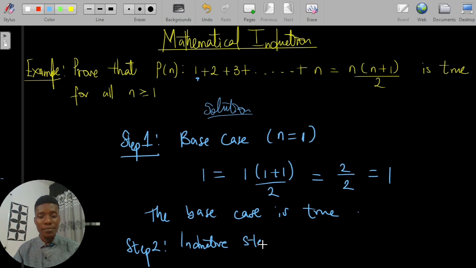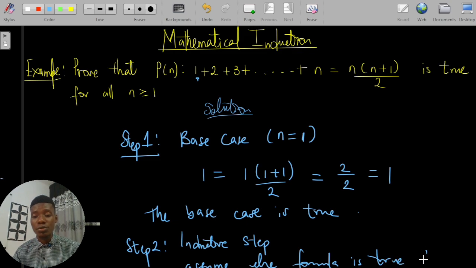Now, for the second step, which I'm going to call the inductive step. Here, what do we do? We are going to assume that the formula is true for n equals k.